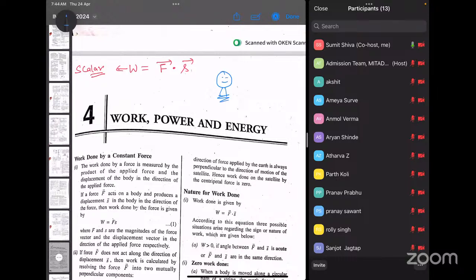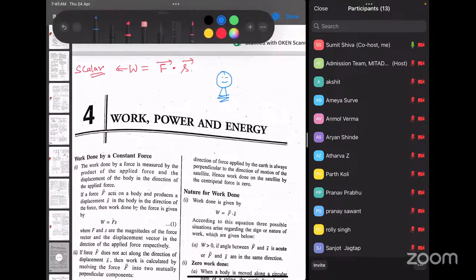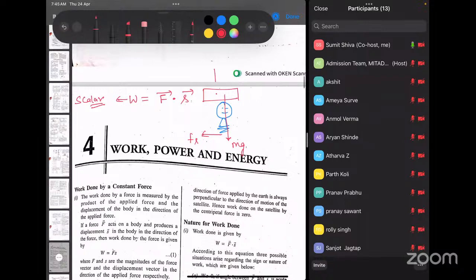So first of all, there will be a force of friction. And if you are looking at the box, there will be a force of gravity mg. Now, there will be another force, the reaction force by the head of the person. So there are three different types of force present in the system. Now, if I want to calculate the work done, or if I say find the work done, then it would be inappropriate to state the question in that form.